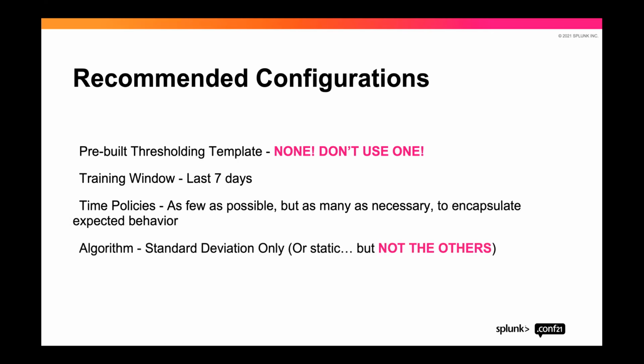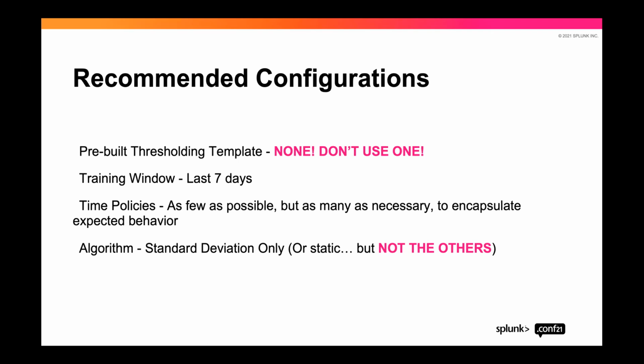Algorithms, okay. Standard deviation only. Over the years, we have found that the quantile and the other, which I can't remember off the top of my head, do not give the expected results that you might hope for.